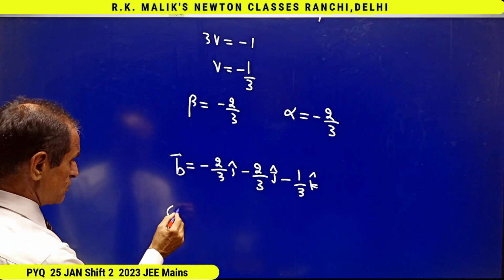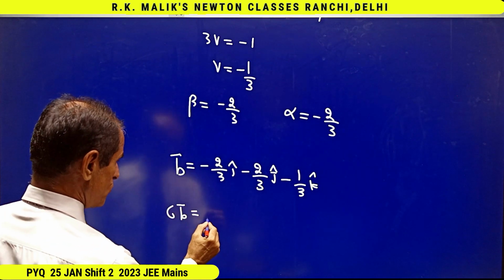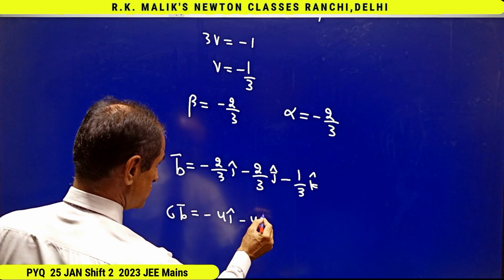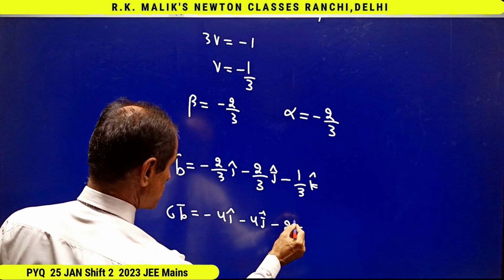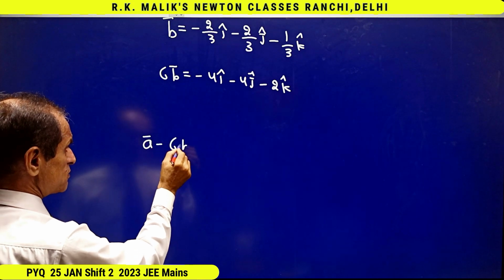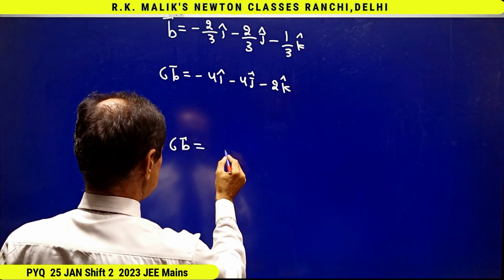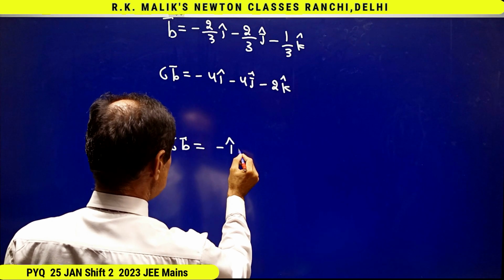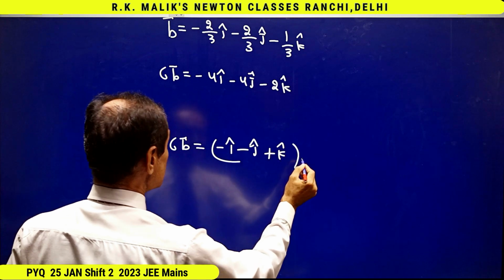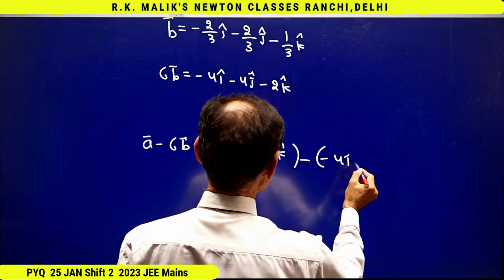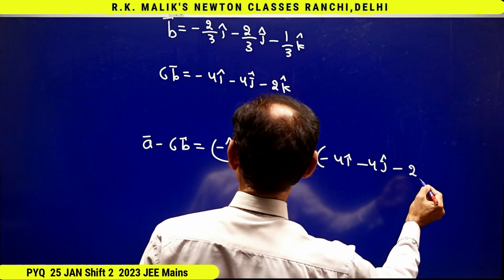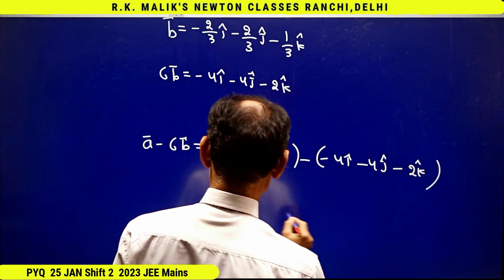And now 6B is equal to minus 4I minus 4J minus 2K, and hence A minus 6B equal to minus I minus J plus K minus 4I minus 4J minus 2K.